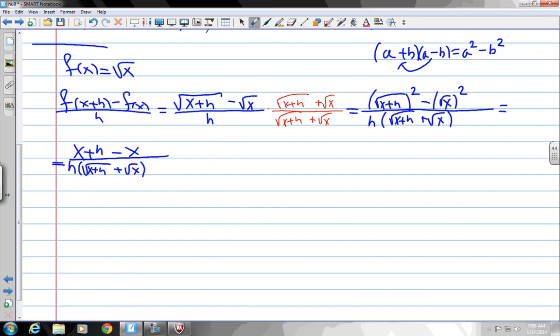So first, the x's will cancel, and we're down to just h over h times the square root of x plus h plus the square root of x.